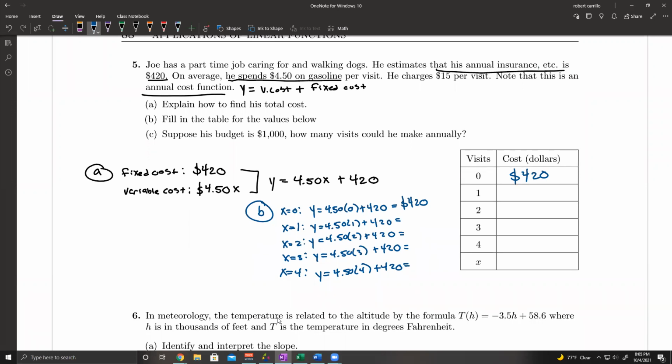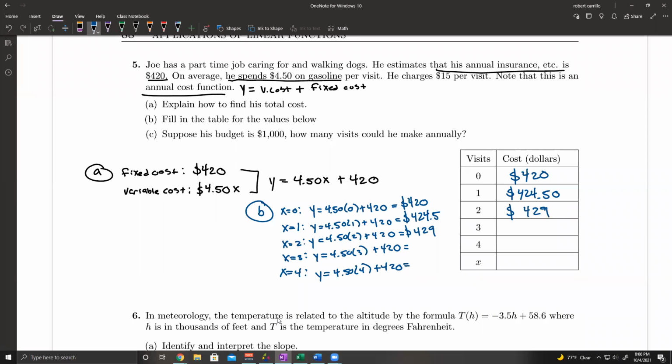If he does 1 visit, how much does he pay? $424.50. And if he does 2 visits, how much money? $429.